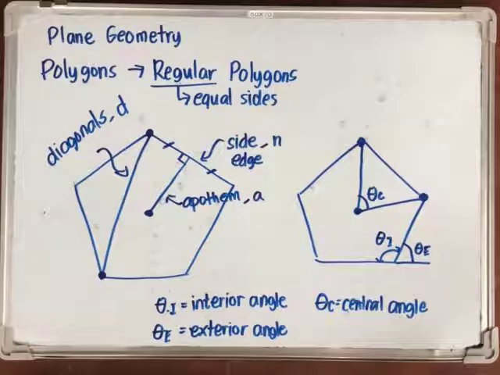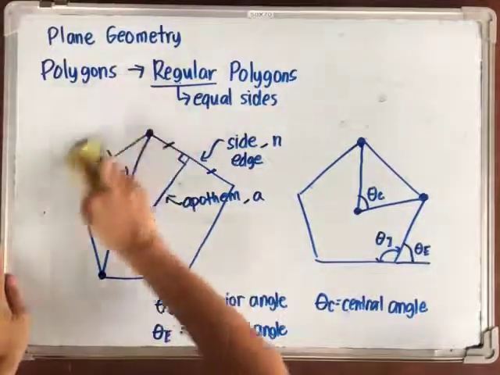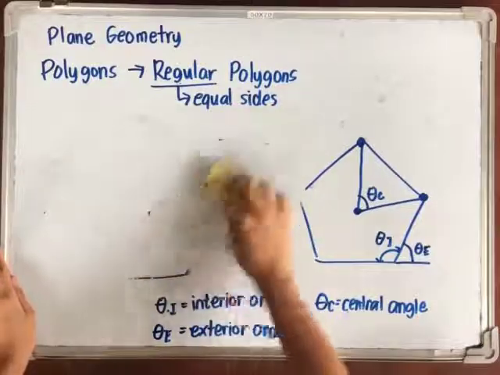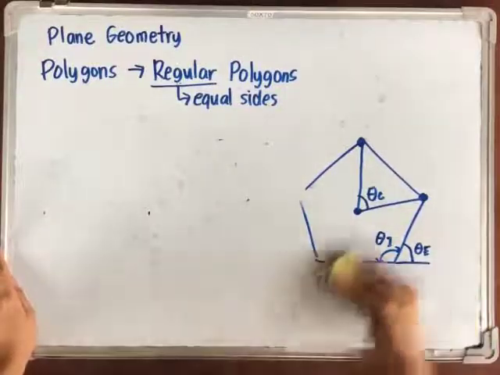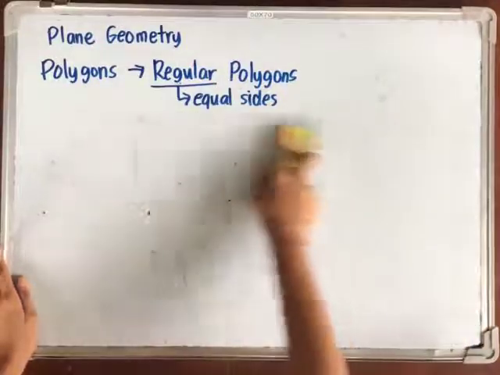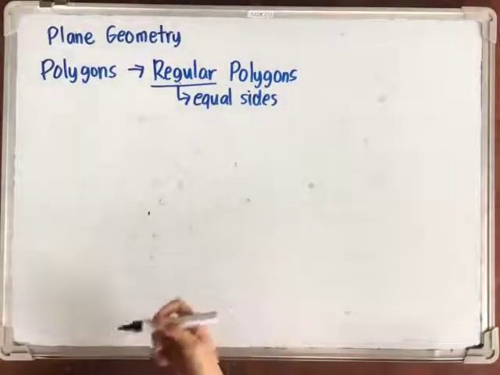And now, ano ba yung mga important formula na kailangan natin tandaan when dealing with regular polygons? Okay. Let's first talk about the significant lines that we are to encounter in this type of topic.